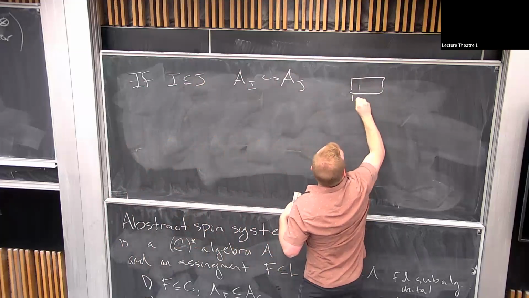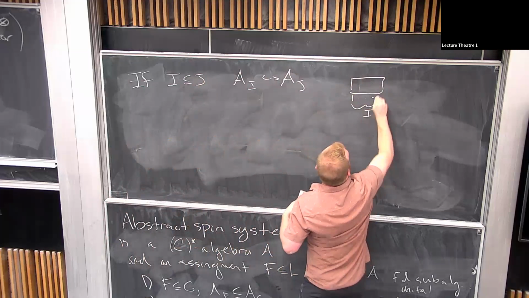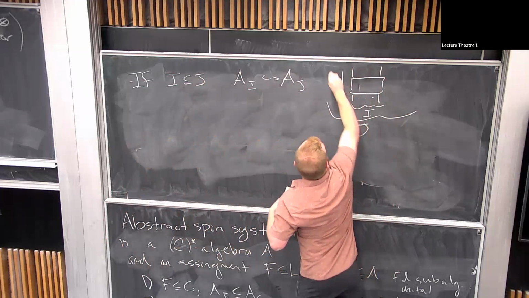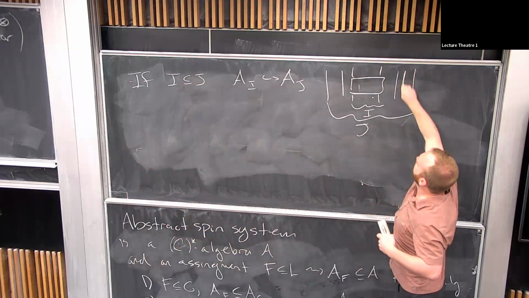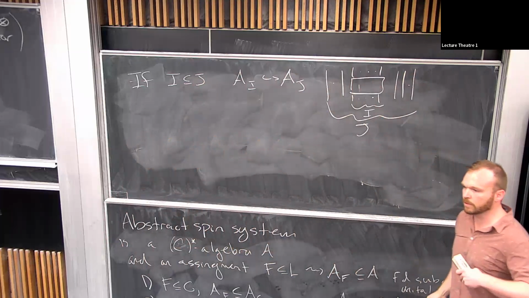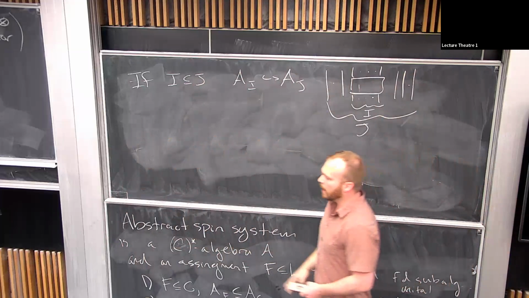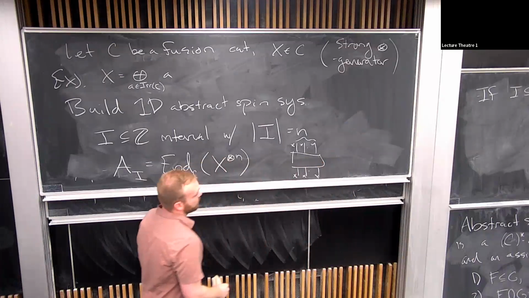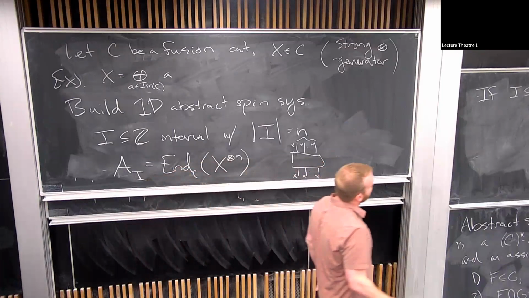Here's my I, and here's my bigger J. I'm just going to stick the strings on, however many I need. So something quite simple. And I'm assuming my fusion category is strict, just to make this easier, to not have to talk about associators and stuff.